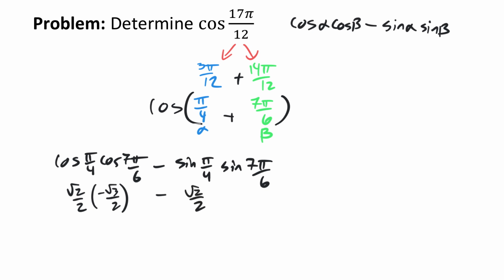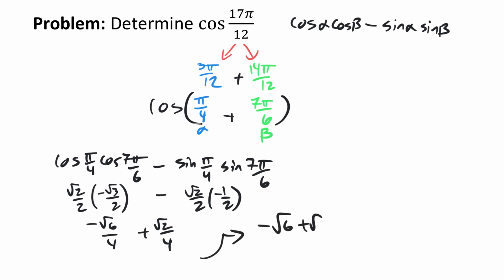Here we got a root 2 over 2. Then we got sine of 7 pi over 6. It's going to be negative a half. So this is negative root 6 over 4. Minus minus makes a plus, root 2 over 4, for a total of negative root 6 plus root 2 over 4.